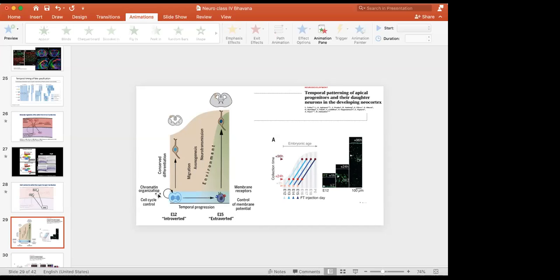You can see here that the expression of genes goes from chromatin organization to membrane receptors in these progenitors, making them more receptive to external cues. This is one axis, across the VZ, but along the other axis, as progenitors go to neurons, the expression also changes, making it more neuronal. So I think this will give more idea about this temporal patterning.